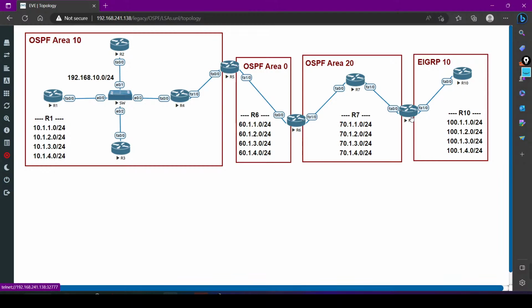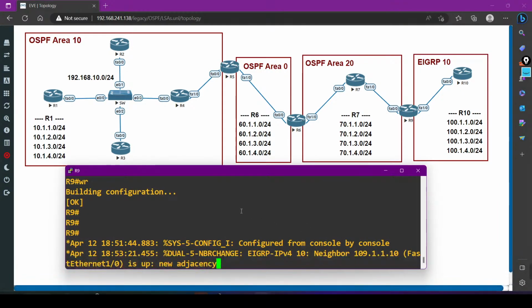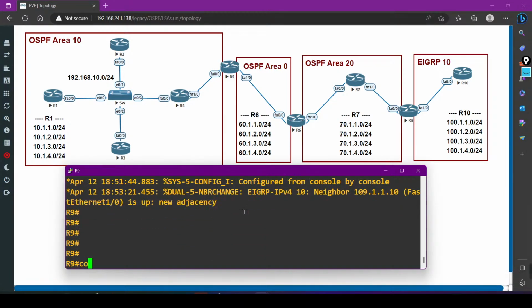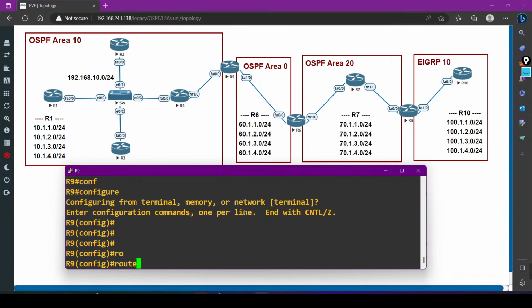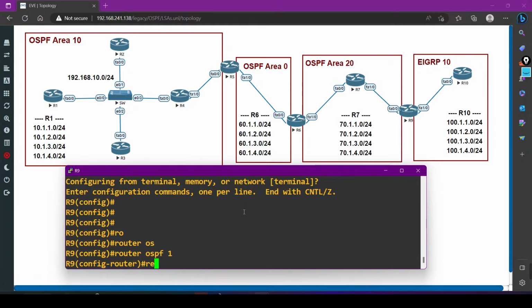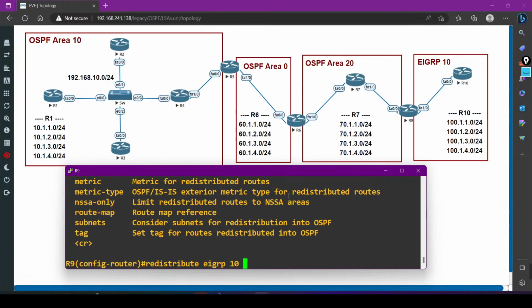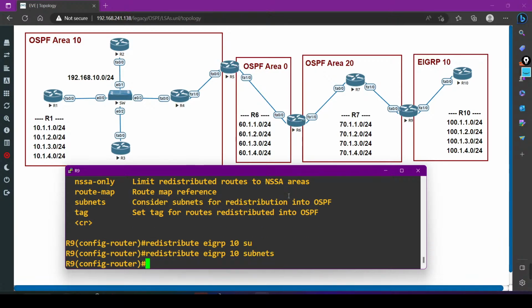Now I am going to perform redistribution on router number 9. So how will I perform redistribution? Basic redistribution. Tell me. Router OSPF 1 and redistribute EIGRP AS number 10, and one keyword I need to use here, that is subnets. Subnets, sir.